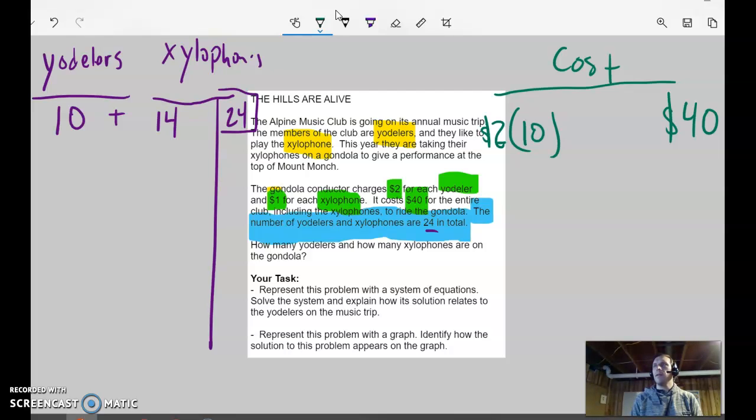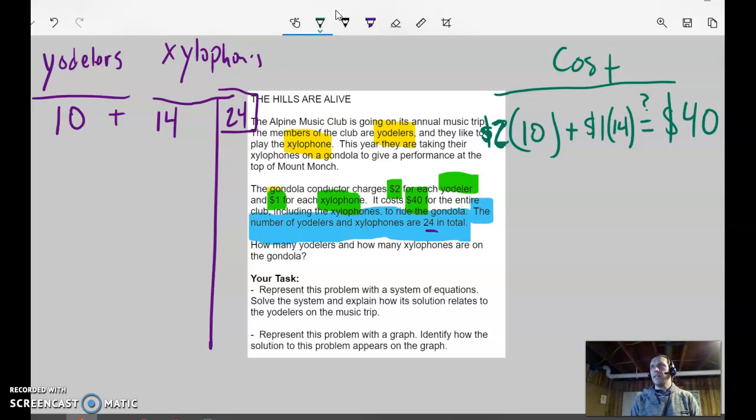And I like to put my guesses in parentheses and the information that comes from the problem outside the parentheses. It helps me sort. So then if I have 14 xylophones, it's $1 times each of those 14 xylophones. And my question is, does that work? Does that equal 40?